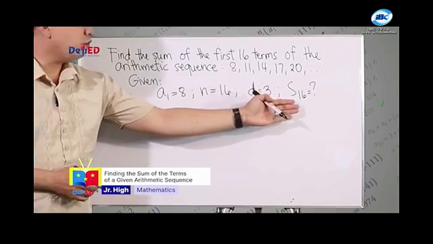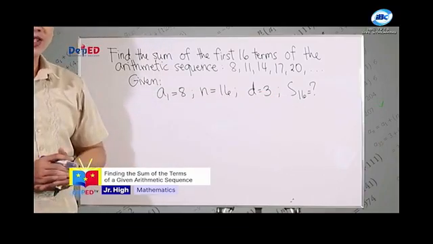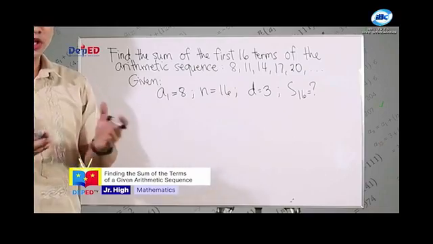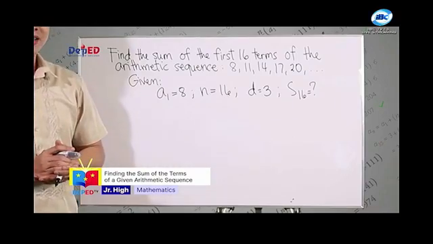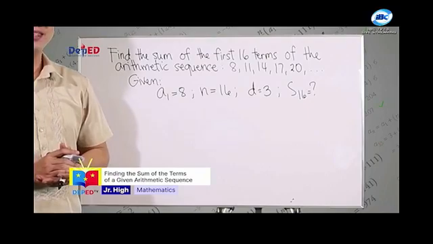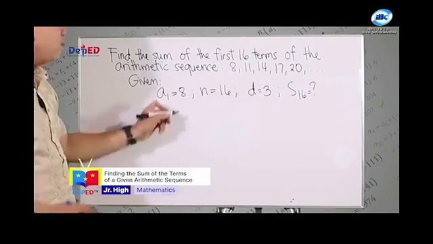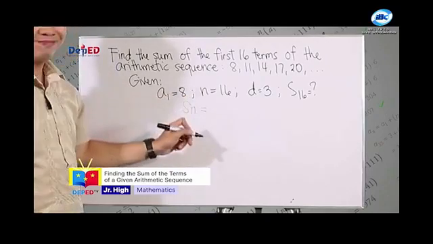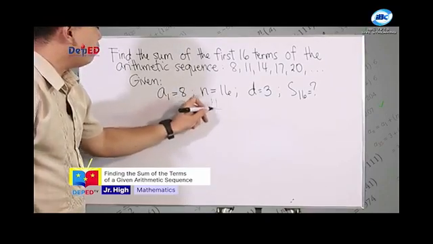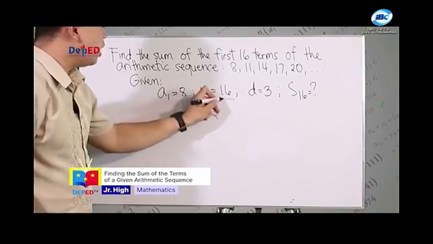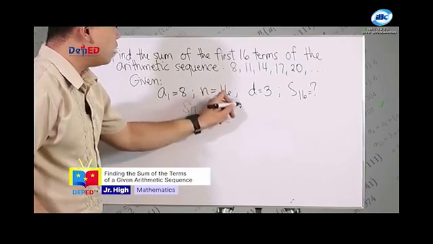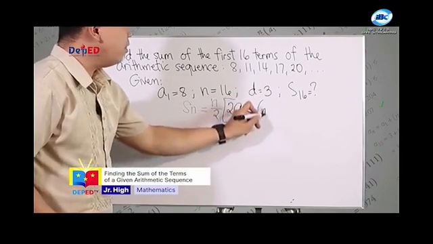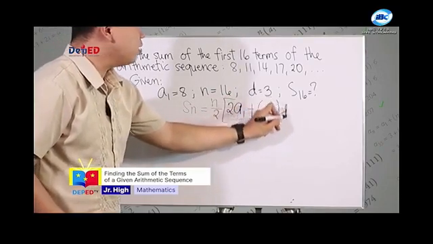And we are looking for the sum of the first 16 terms. Notice that the last term is not given, so we will use the formula S sub n is equal to n divided by 2 times the quantity 2 times a sub 1 plus n minus 1 times d.